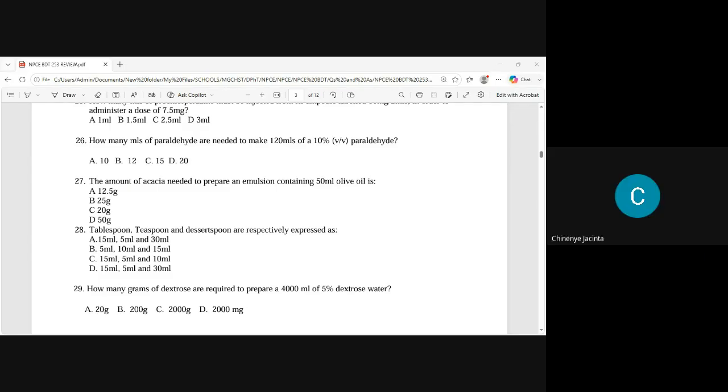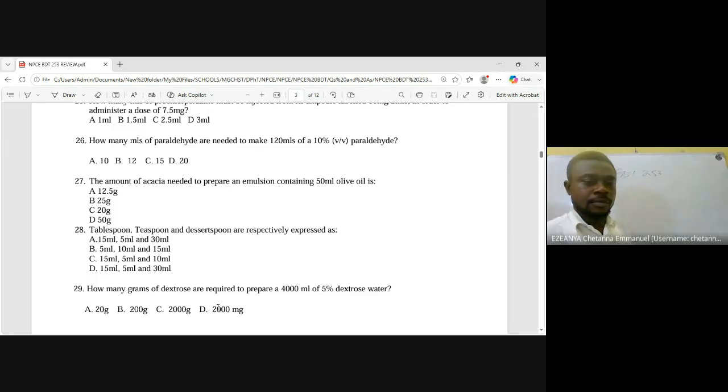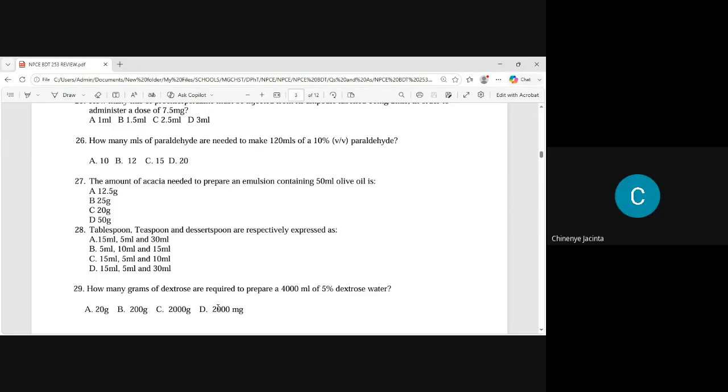The amount of acacia needed to prepare an emulsion containing 50 ml olive oil is what? As we all know, olive oil is a fixed oil because it is gotten from plants. So the formula is 4:2:1. And as is given here, the oil is 15 ml.